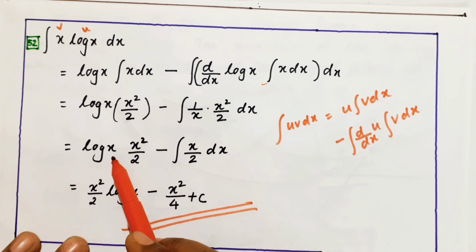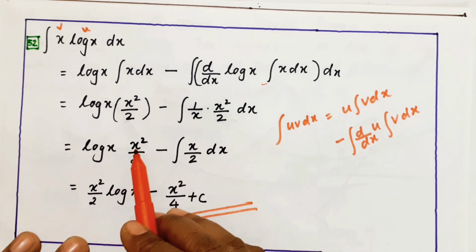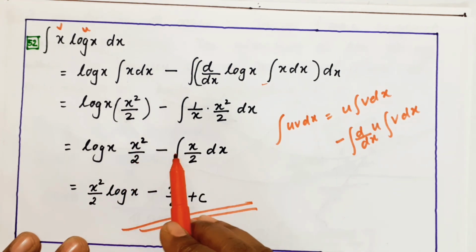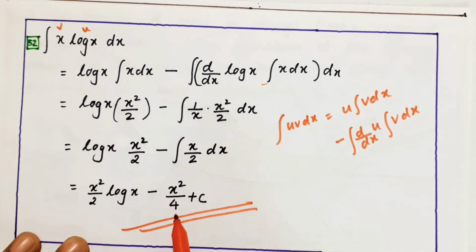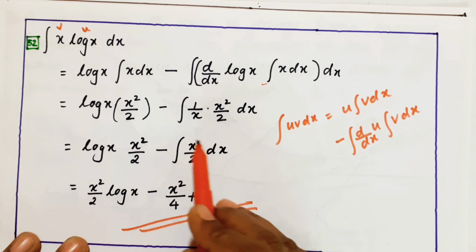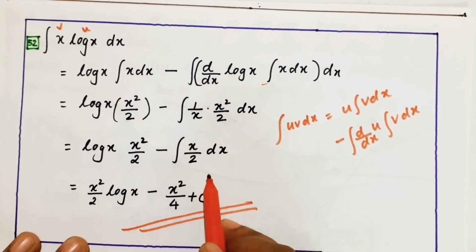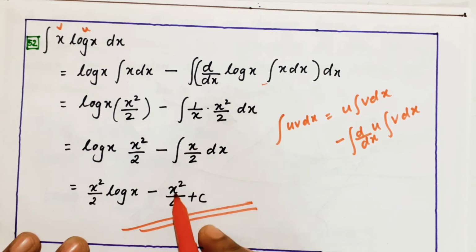So log x into x square by 2 minus integral of x by 2 dx. X square by 2 log x minus this integral of x dx, again we can write x square by 2. That 2 and these 2 multiplied, it becomes x square by 4 plus c. Clear? So we got the same answer only.